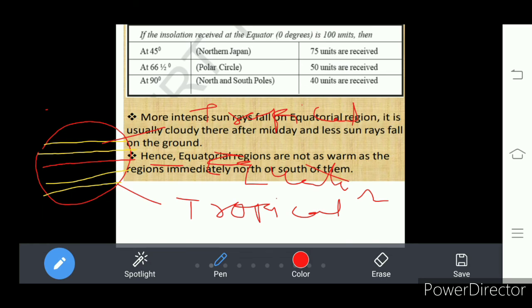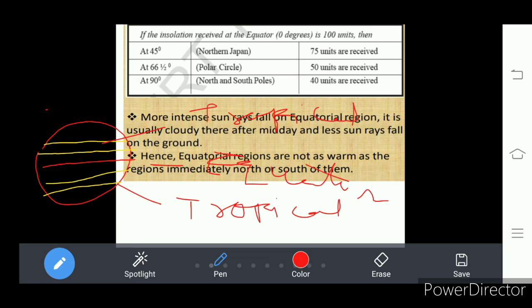At the equator, sun rays fall directly overhead, but due to cloudiness in the midday time, the sun rays received are much less compared with the tropics.